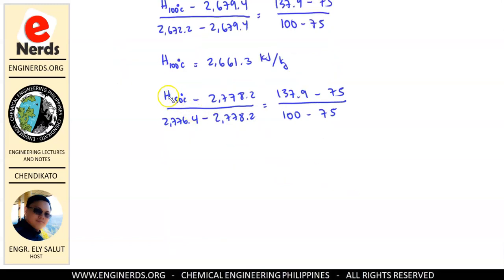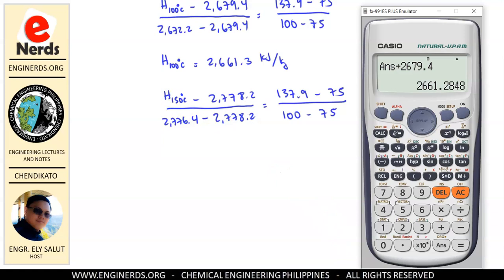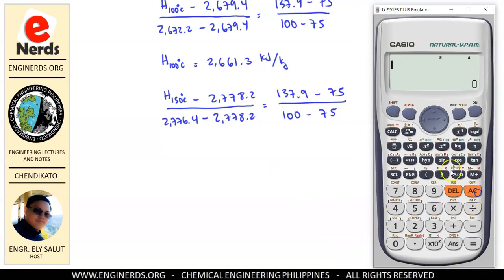So now we can solve for H 150 degrees Celsius. Okay, so let me solve this again. So we have 137.9 minus 75, divided by 100 minus 75.